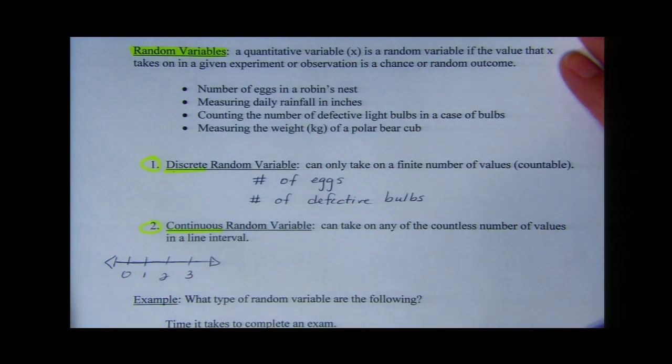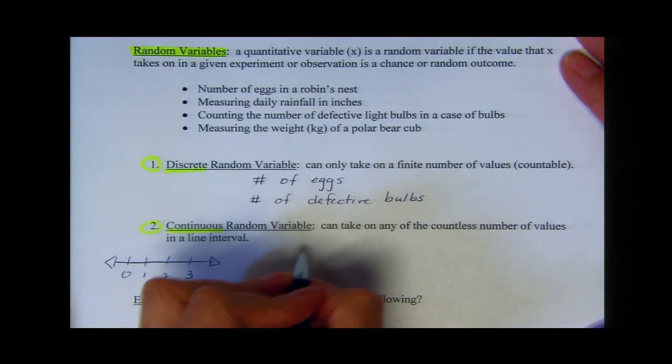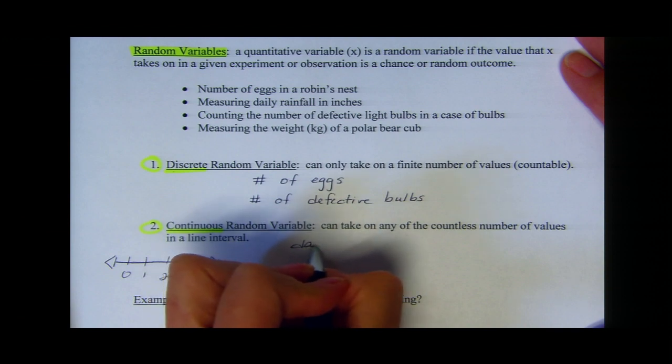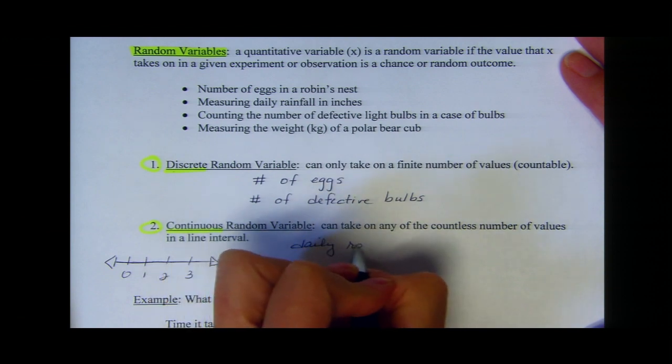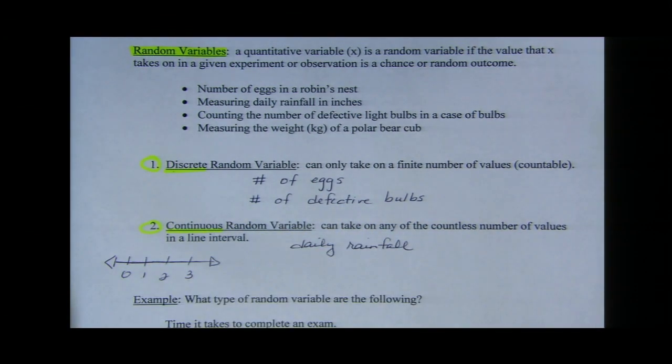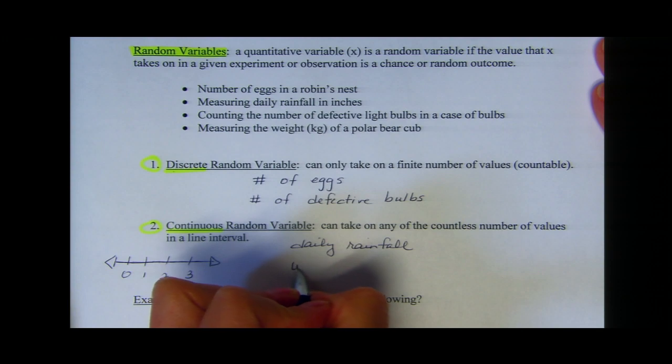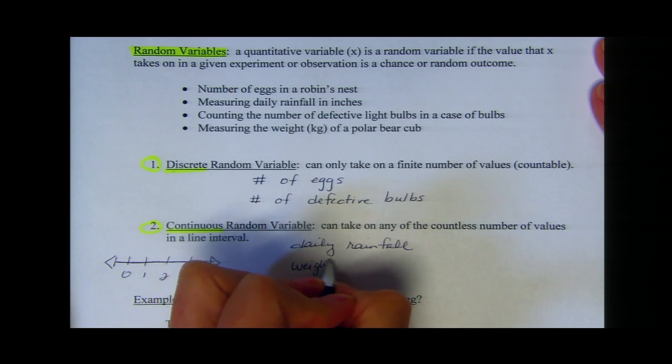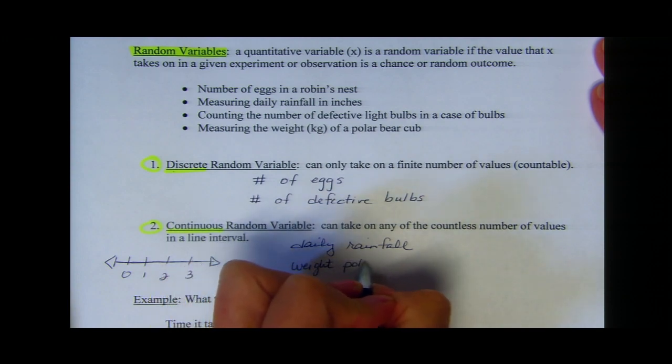The examples of continuous would be the daily rainfall, because when it rains you don't just get 1 inch or 2 inches, you could get 1.5 inches, so it can fall in between two values. The other would be the weight of the polar bear cub.